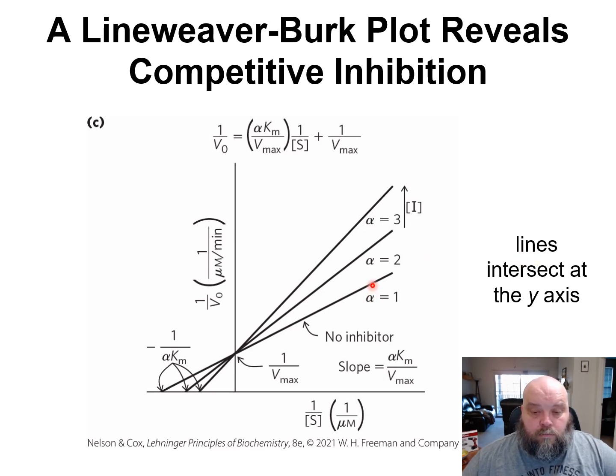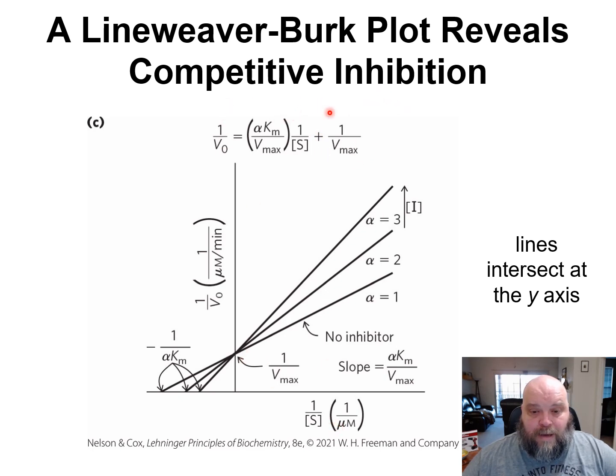No inhibitor, more inhibitor. So as you increase I, our 1 over Vmax, remember Vmax stays the same. What changes, though, is right here. Our alpha Km starts to approach 0 as you increase inhibitor. So our 1 over V naught equals alpha Km divided by Vmax times 1 over the concentration S plus 1 over Vmax.